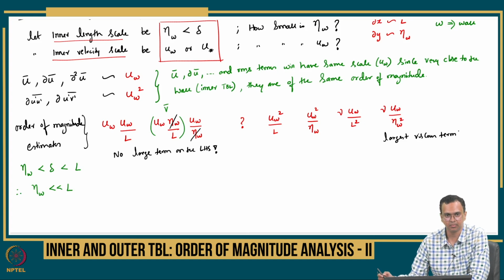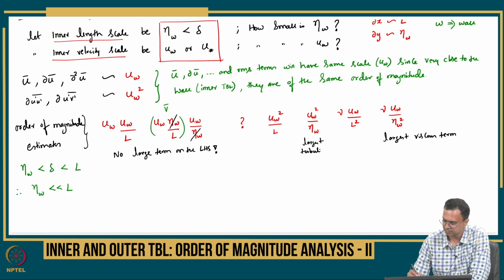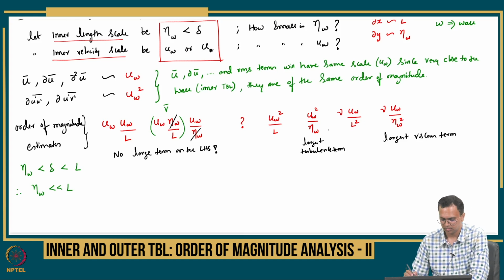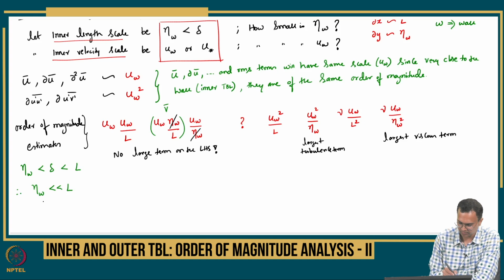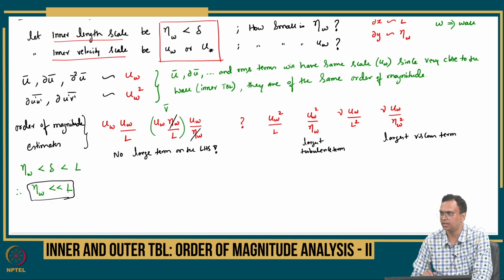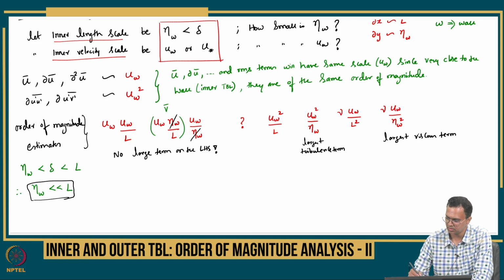Because eta w is much smaller than L, right? And it is eta w square. So this has to be the largest viscous term, and this is the largest turbulence term, simply because we have eta w much smaller than L. So eta w goes to the denominator, means this becomes a very large value, and this also becomes a very large value.